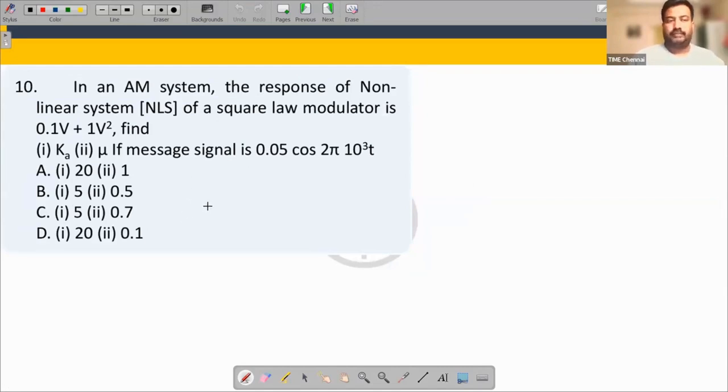Let's solve this. In an AM system, the response of an NLS of a square law modulator is given.